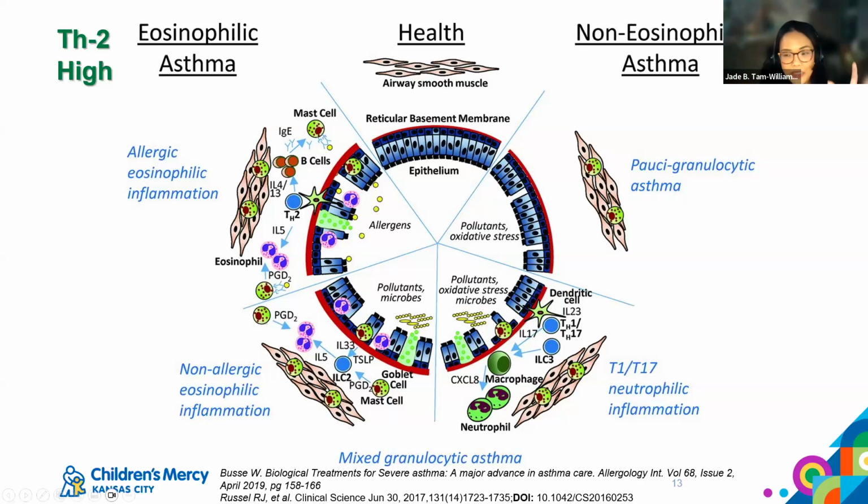When we look at asthma, eosinophilic allergic asthma, what you can see here is the introduction of allergens inside the lung. And this starts a cascade of inflammation, which we're going to talk some more about, that then leads to these airway smooth muscles being bigger, more what we call hypertrophic.